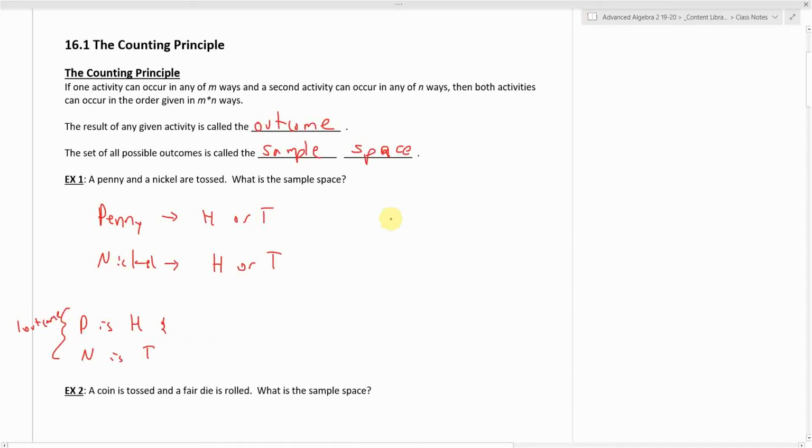The sample space is the list of all of the possible outcomes. So I could get heads on the penny and heads on the nickel. That would be one possible outcome. Or I could get heads on the penny and tails on the nickel. That would be a different outcome.